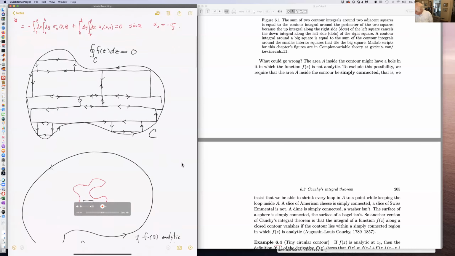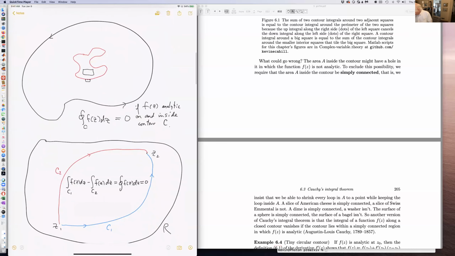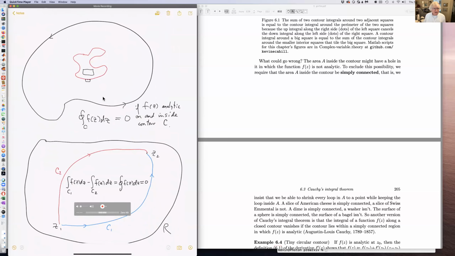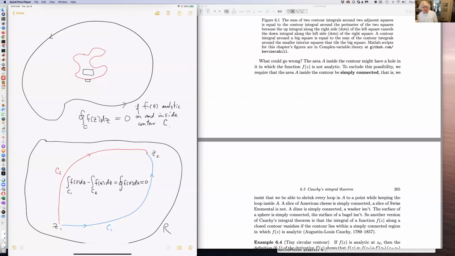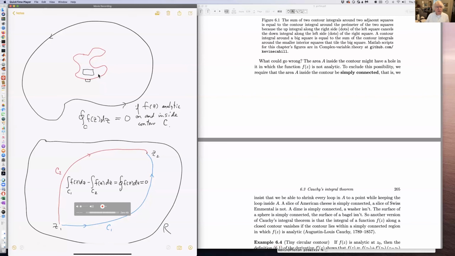And that's true then for an arbitrary contour. So the upshot is that the integral of an analytic function over a closed contour inside a region of analyticity vanishes, and the only exception to that is if there's a hole.